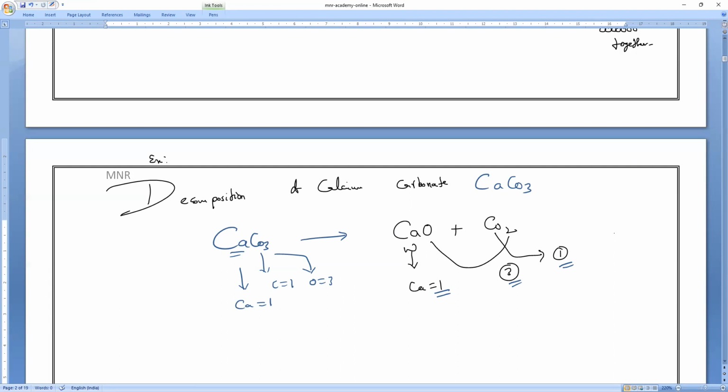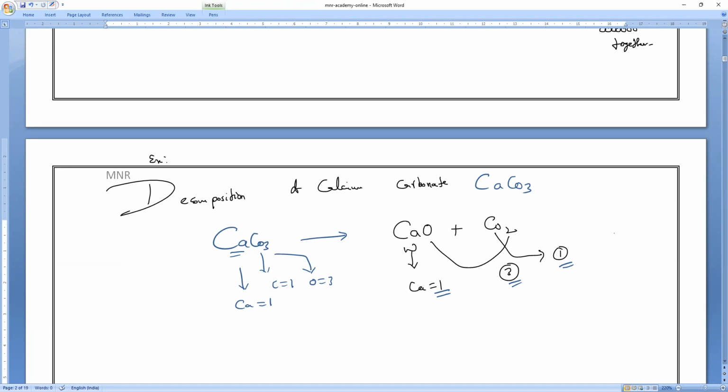Atoms are the smallest and indivisible, and they take part in a chemical reaction, but still the mass always remains conserved. That is the explanation of the law of conservation of mass by Dalton's atomic theory.